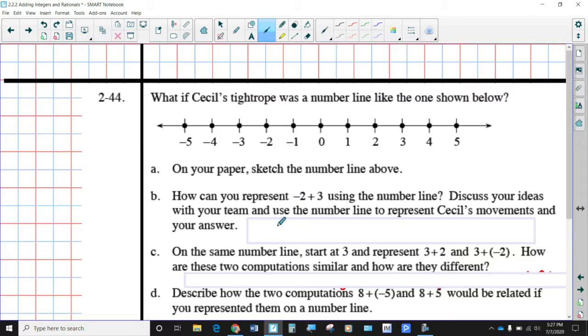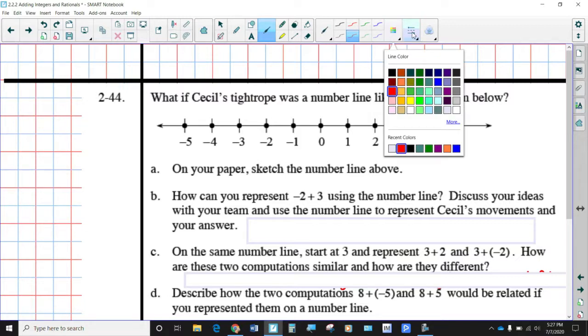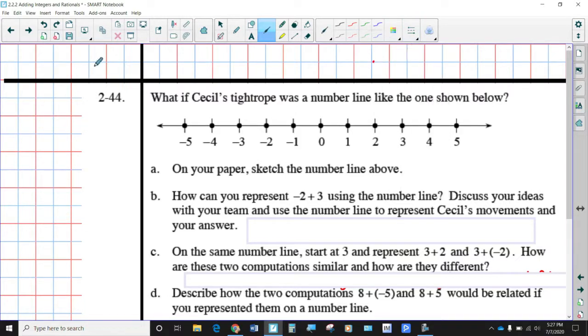Okay, so what would that look like if we were to do -2 plus 3? Well, what I always say is this is your starting point, right? So let's start at -2. And what does plus 3 mean? Is Cecil going forward, or is he going backward? He starts at -2 and then he goes forward 3 units.